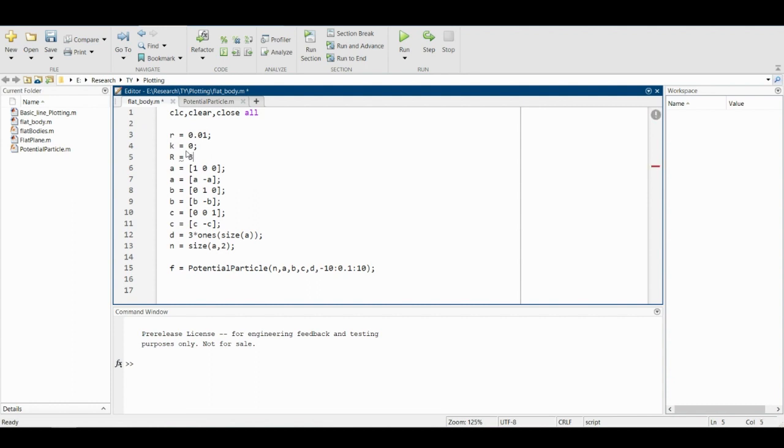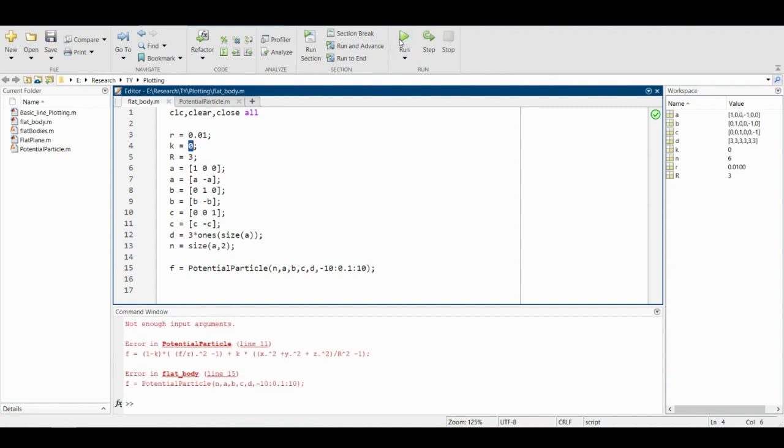And R you can keep as anything, it doesn't matter because k will be 0 here, so sphericity has no meaning. Let's plot this flat cube first. It's saying not enough input. Okay, I haven't even mentioned it here. r, k, R. I think it will work.